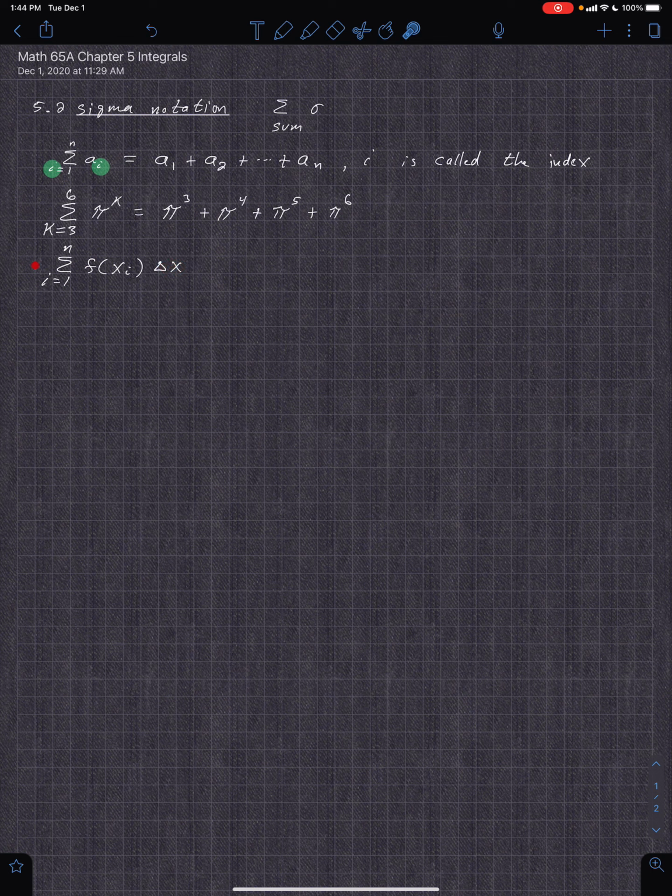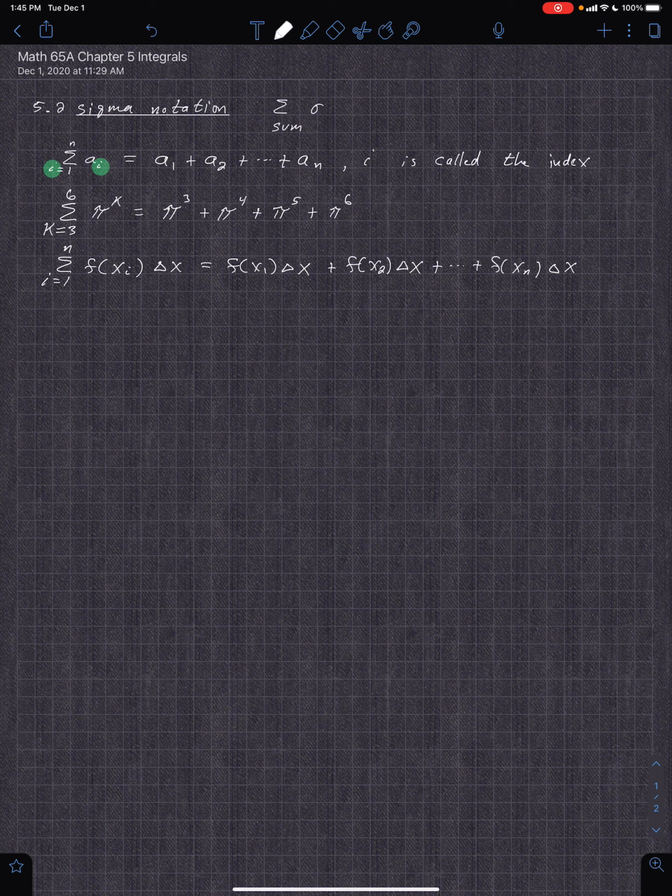That basically can come out, but it will be in each term. So that would be equal to f(x1) delta x plus f(x2) delta x, etc., all the way to f(xn) delta x. It could be a subscript on that as well.